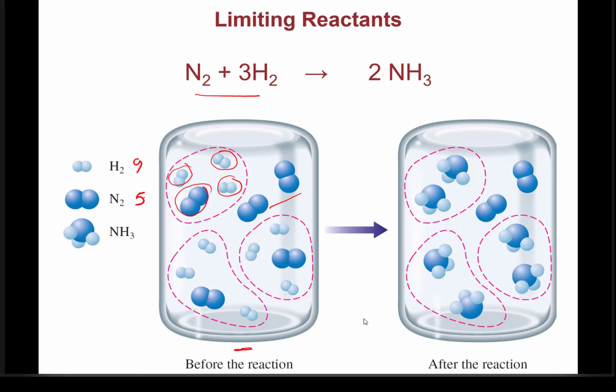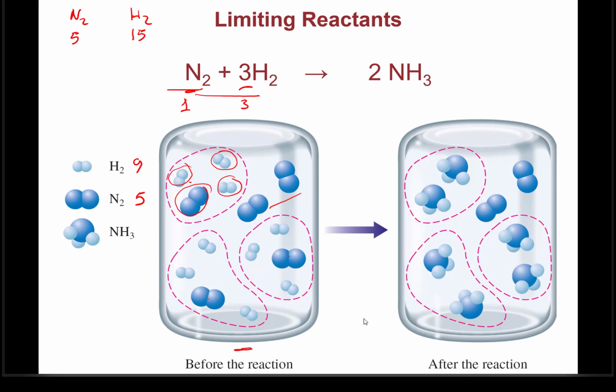You have to take the mole ratio of the reaction into account, because for each nitrogen molecule, you need 3 hydrogen molecules. So comparing nitrogen to hydrogen in this reaction, in order to consume the 5 molecules that we have in the mixture, we should have had 15 molecules of hydrogen, which apparently we have much less than that.